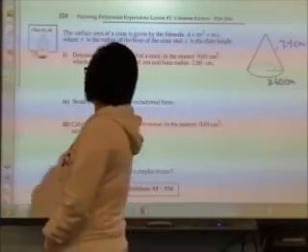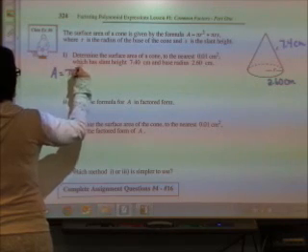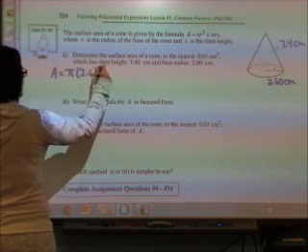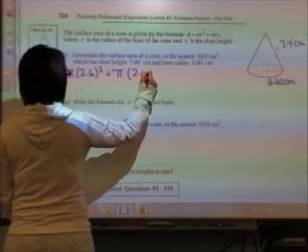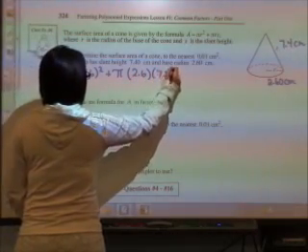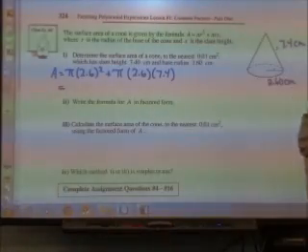So my surface area formula would be A equals pi 2.6 squared plus pi times 2.6 times 7.4. So tell me what that would equal.